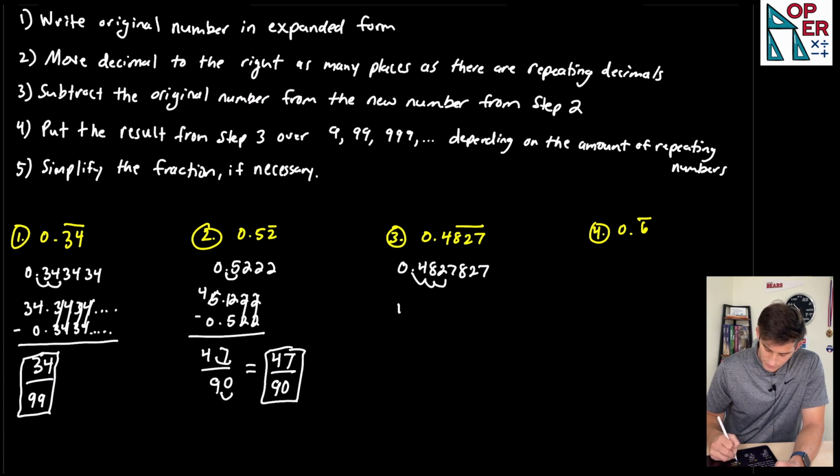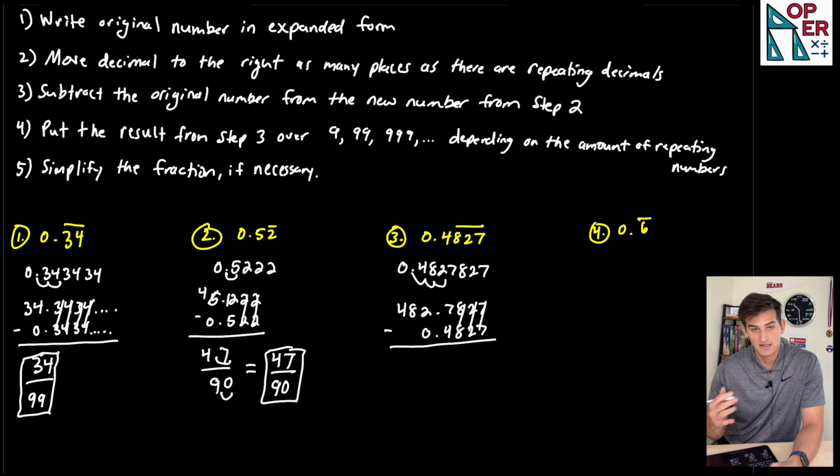So now we have 482.7827. Now we're going to subtract our original number, 0.4827827, and so on. We see that our 7's, 2's, 8's are all going to cancel out. 8 minus 8 is 0. Then we have 7 minus 4, which is 3, and then this would be 482.3.